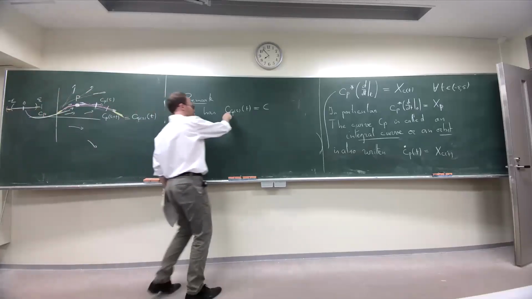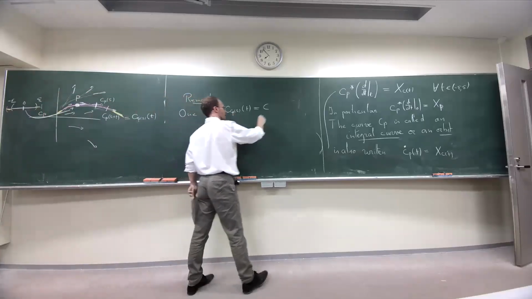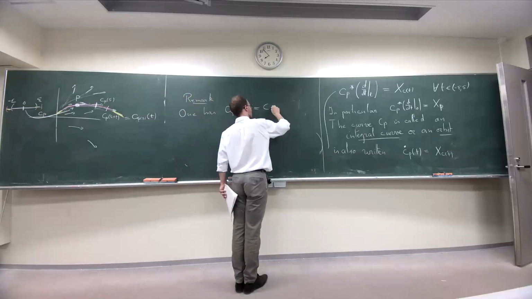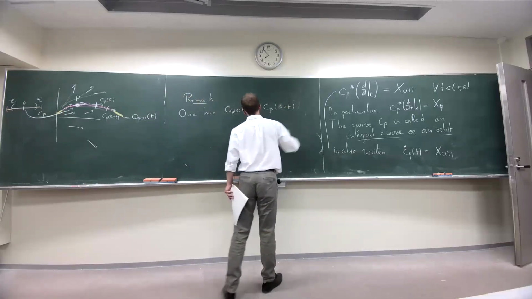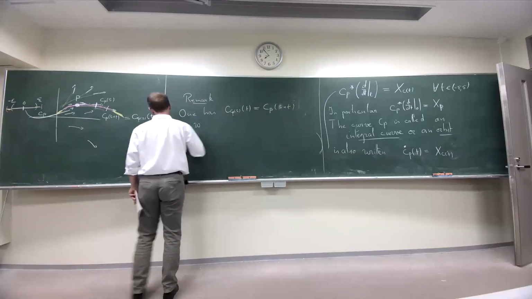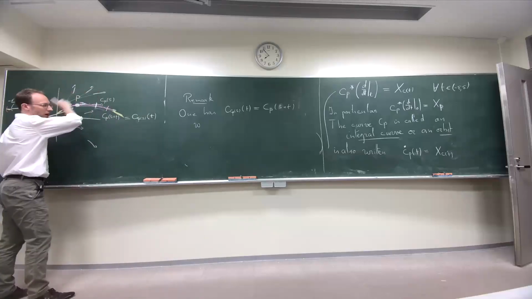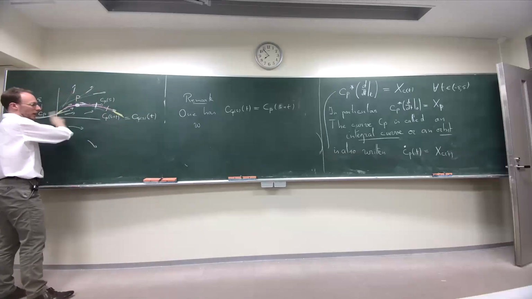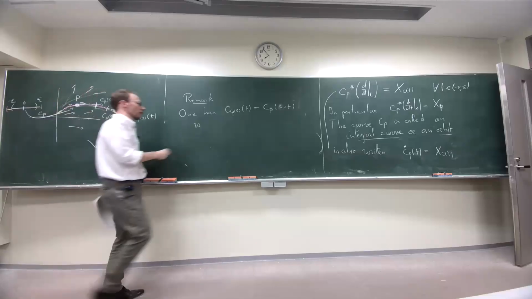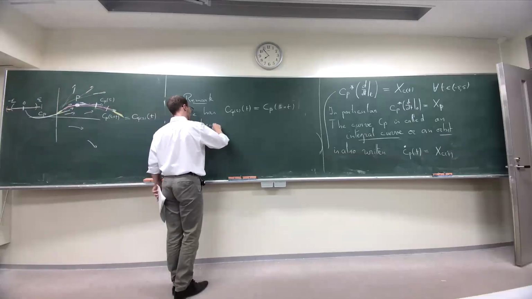So the curve starting at Cp of S, at time T, is Cp at S plus T, whenever it's defined. Of course, I say whenever it's defined, because if I take it for too long, I will go outside of the interval.